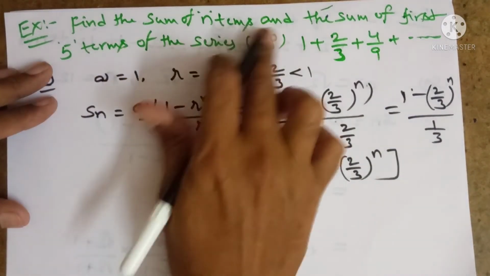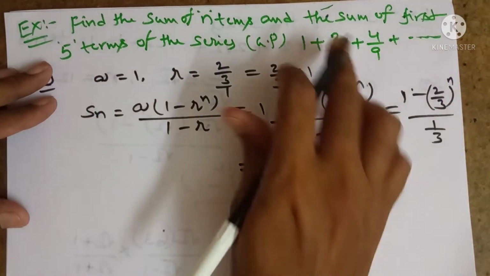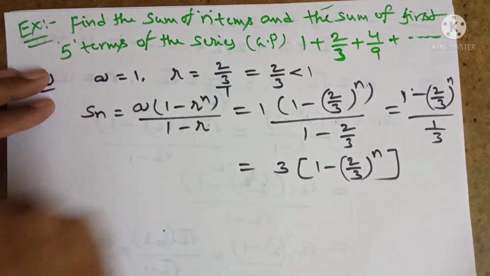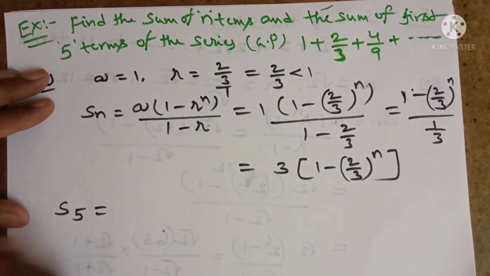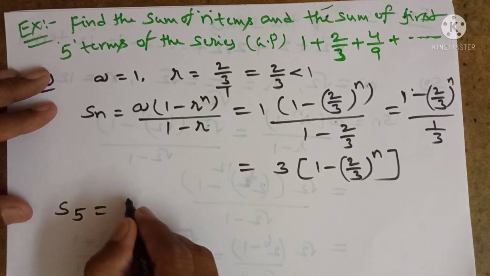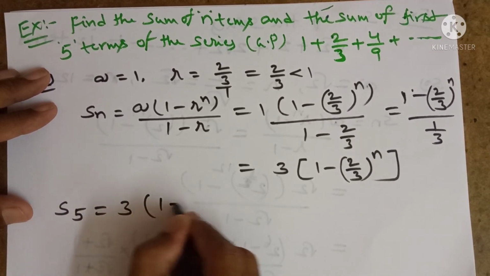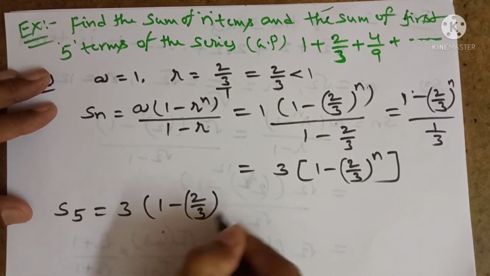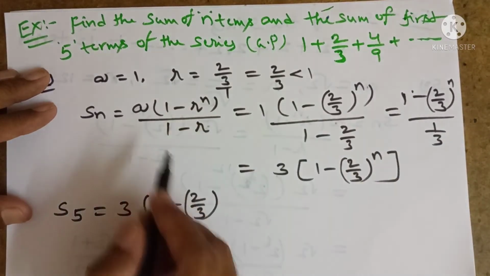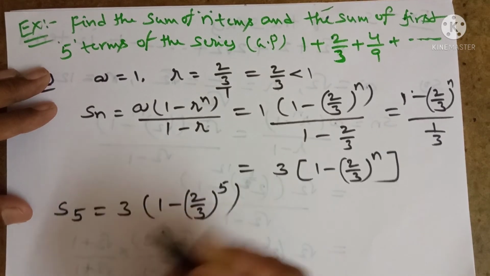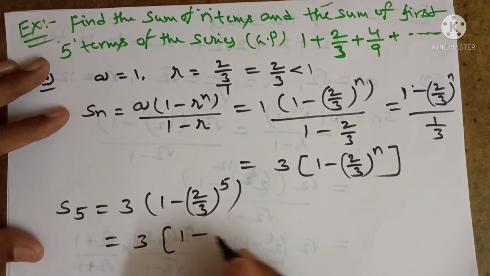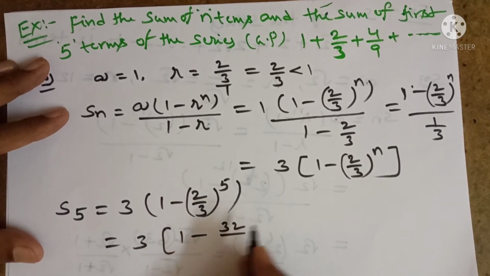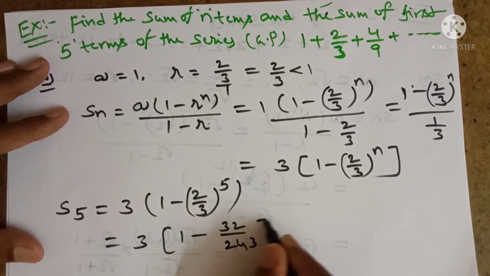Next, the sum of n terms is completed. The sum of the first 5 terms: S5 is equal to 3 into 1 minus 2 by 3 power n, where n is 5. That is equal to 3 into 1 minus 2 power 5, 32, by 3 power 5, 243.